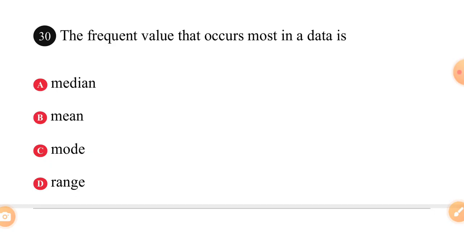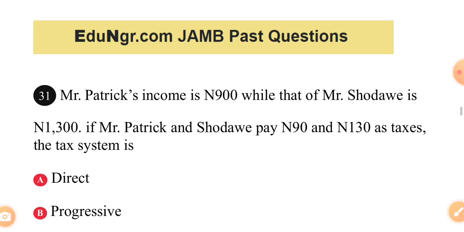Is it median? Is it mean? Is it mode? Is it range? I am not answering this. This is very simple. I'm giving it to you as an assignment. Come under the comment of this video and tell me what you think is the answer.